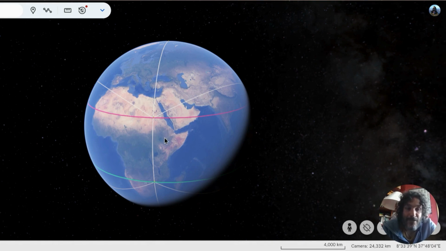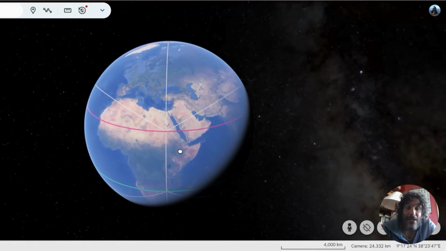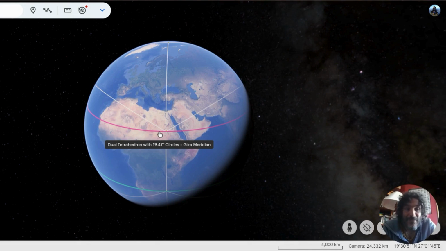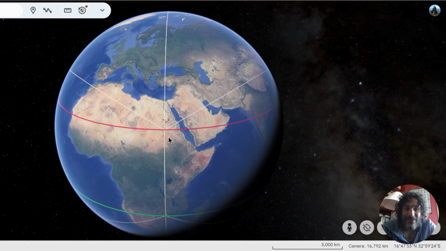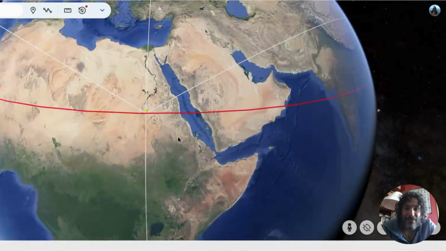So the obvious reference line we could actually use, or actually draw, is the line passing through the Pyramid of Giza, which is, by definition, the original prime meridian. I'm not using the reference line of the prime meridian going through London, but I will use the original prime meridian through the Pyramid of Giza.